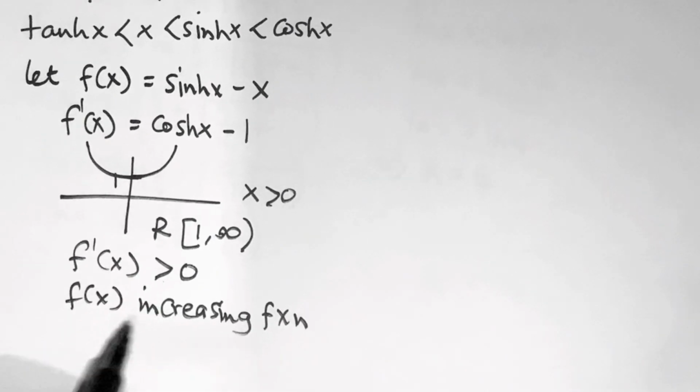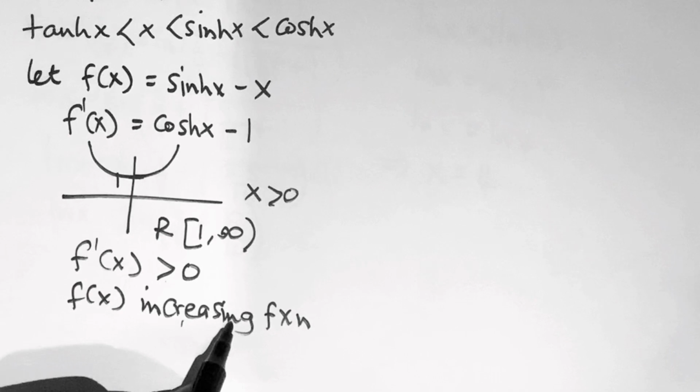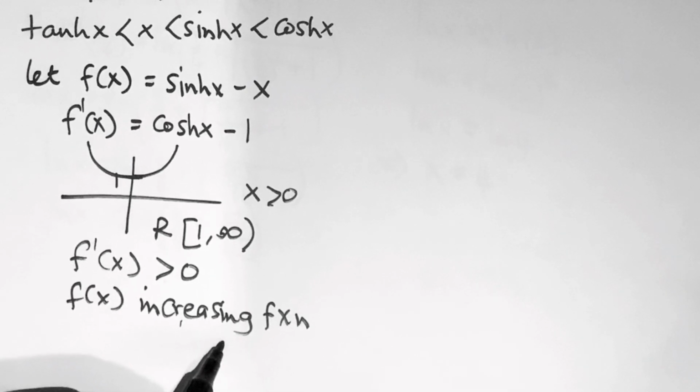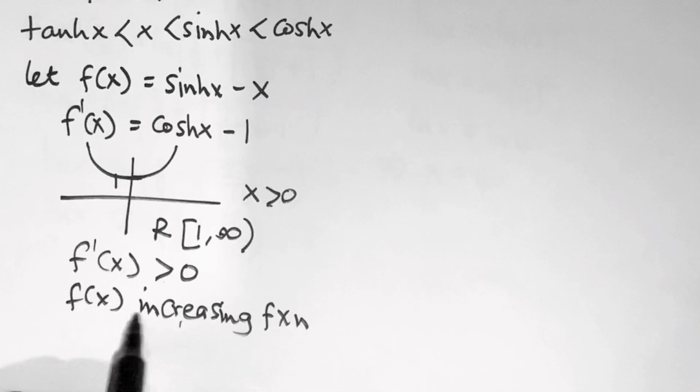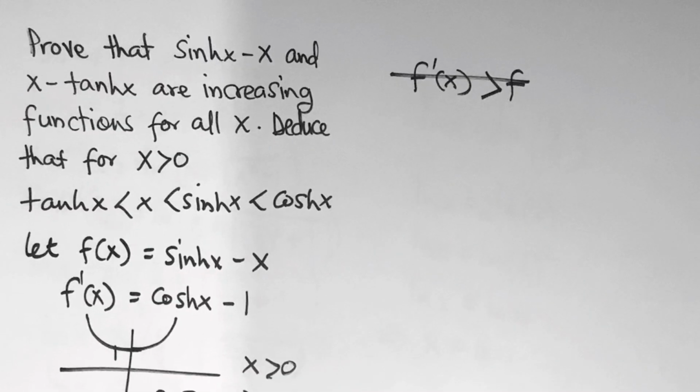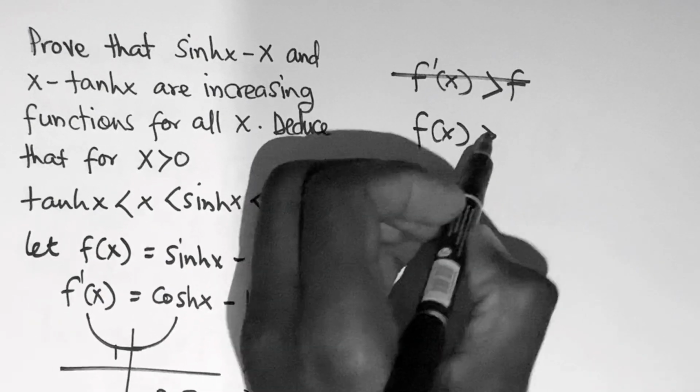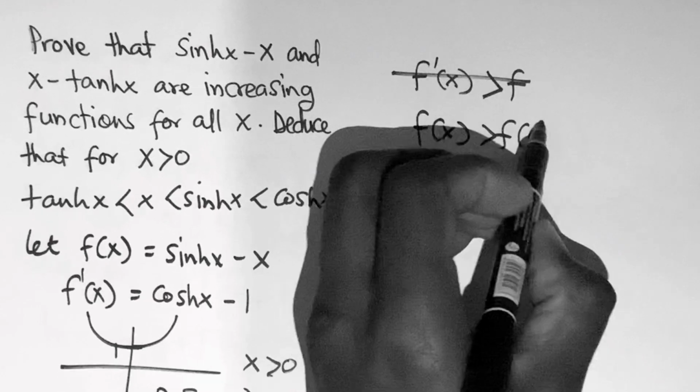If you don't understand the principle behind this, I made a previous video about increasing and decreasing functions, so you can watch it and then you understand why it is so. If f of x is an increasing function, it implies that f of x is greater than f of 0.